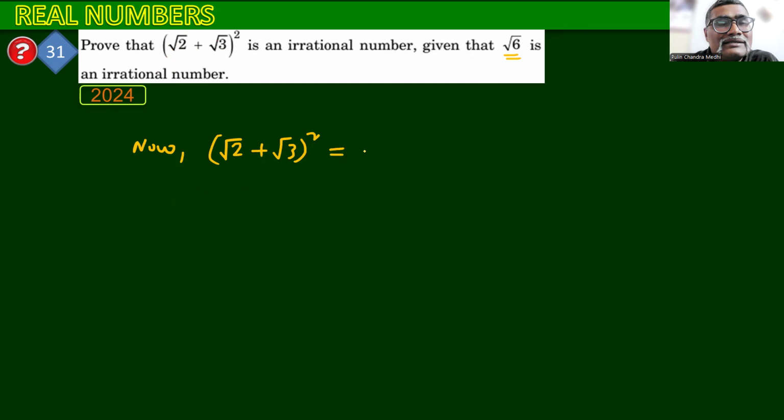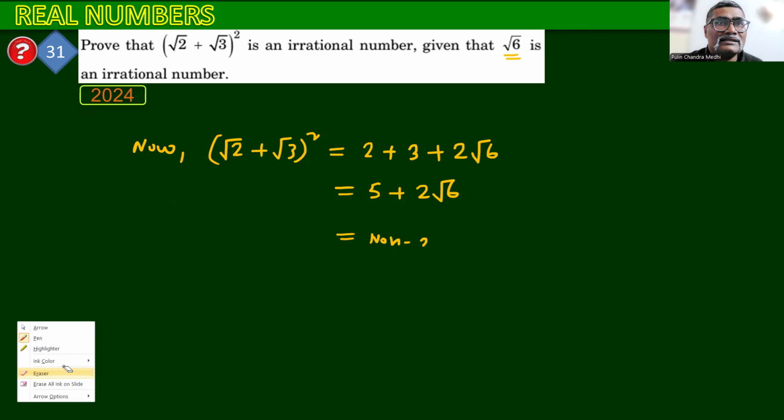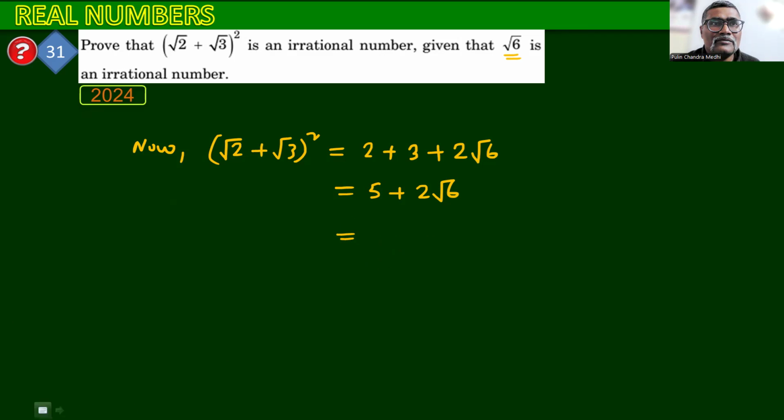You break this. If you break it, a square, that is root 2 square, will give you 2. This is 3. And then this is 2 root 6. And then 5 plus 2 root 6. So now here what can you write? Non-zero, no need to write non-zero actually, because if 0 is rational, 0 will also do.